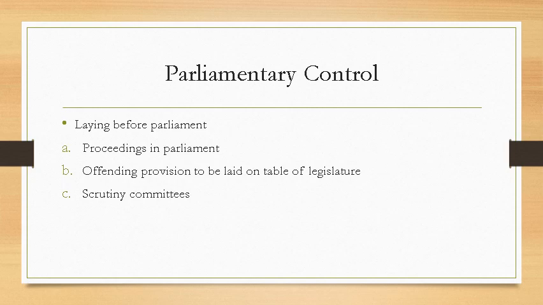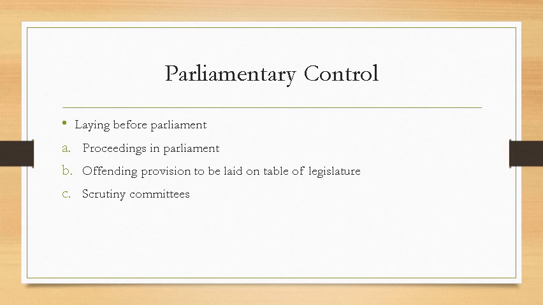That is, when there is an issue regarding a particular thing, it can be handled. Then you have parliamentary control through scrutiny committees. Now here I would specifically like to mention that in India this is comparatively a much stronger thing, because we have a Lok Sabha committee and a Rajya Sabha committee also.